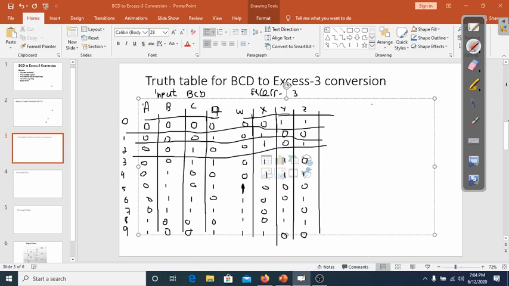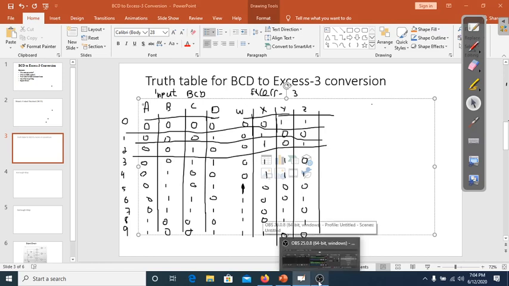With the use of the Karnaugh-Map I will simplify these expressions. Then I will get some simplified expressions and apply them to design the digital circuit that will convert BCD code to Excess-3 code.